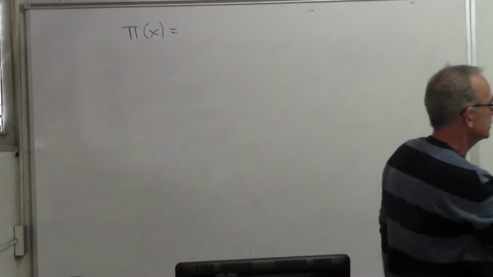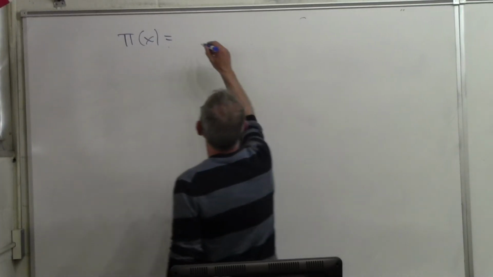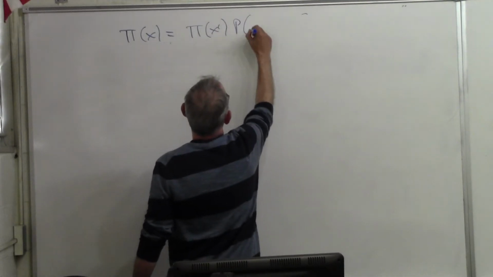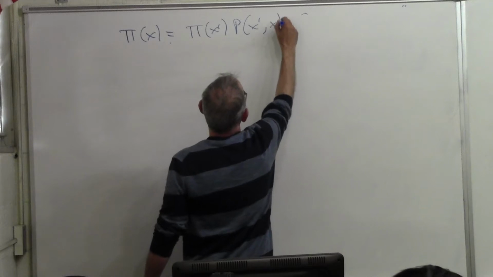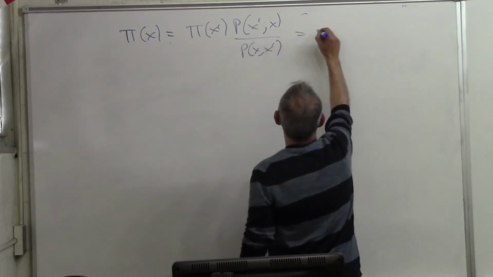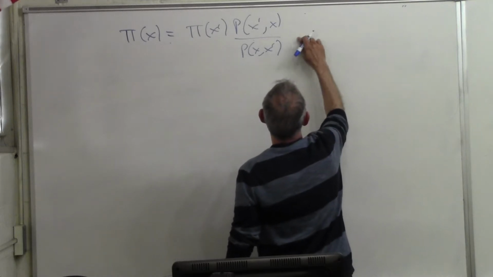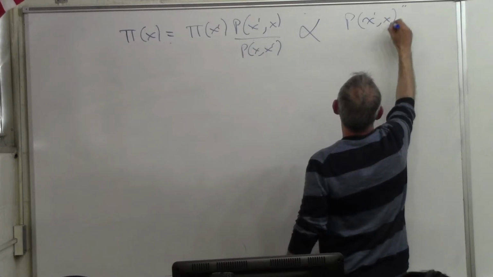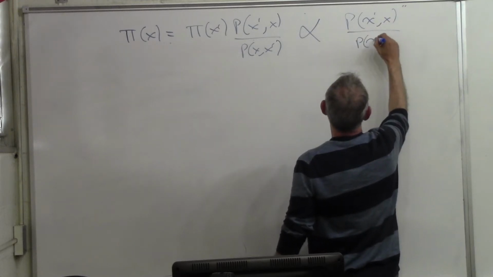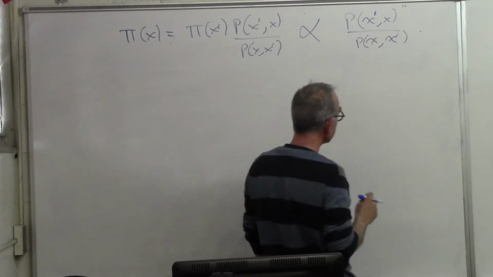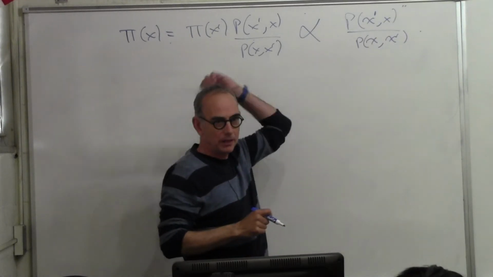So pi of x is proportional to that. You'll see this proportionality constant a lot.